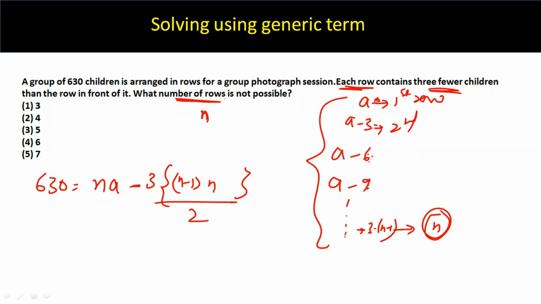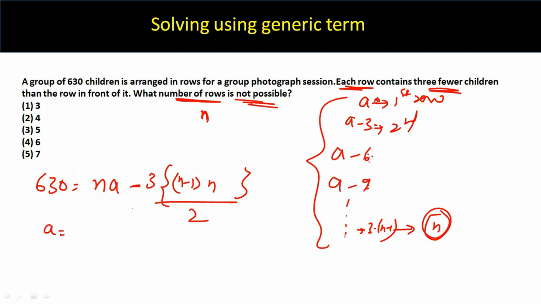And we have to find which number of rows is not possible. That is the only thing you have to do. You just have to substitute and check which value is not possible. So let's say n is equal to 3. Basically, you have to check for which value of n, A is not an integer. So I'll simplify this.